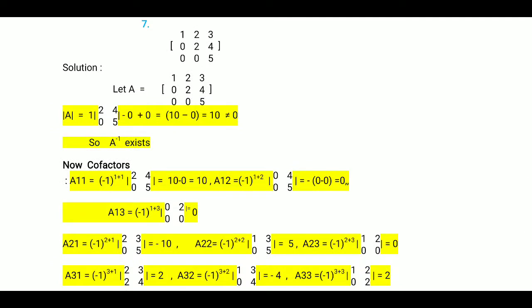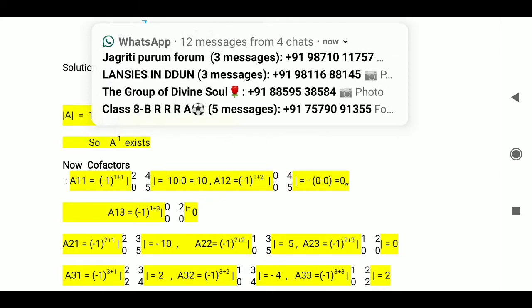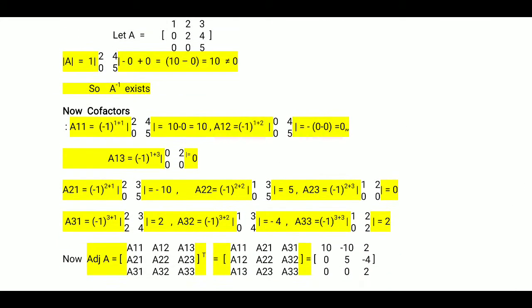Now for A inverse we are going to find the cofactors. Cofactors in a similar manner, the cofactor of each element will be found. That is A11. What is A11?